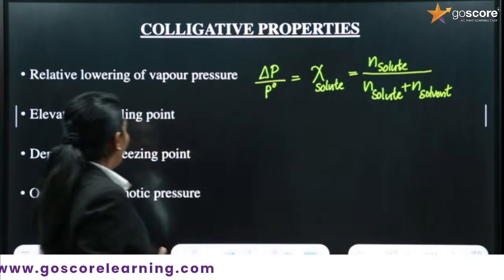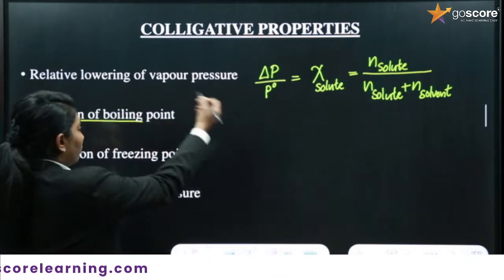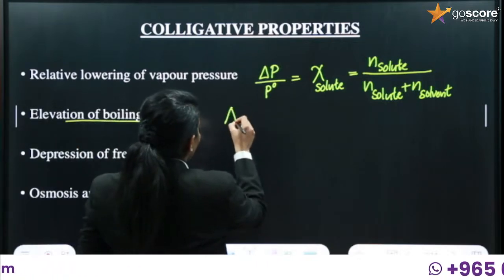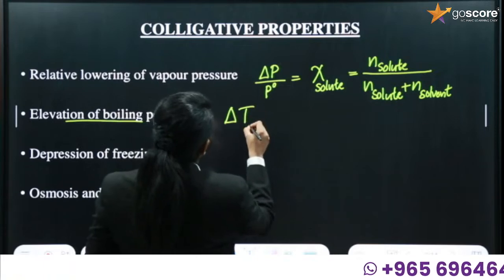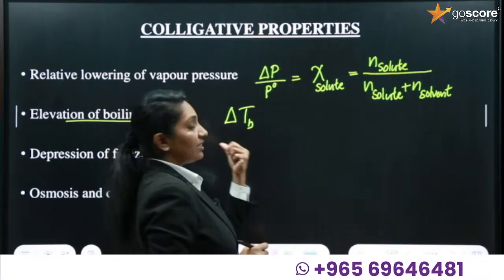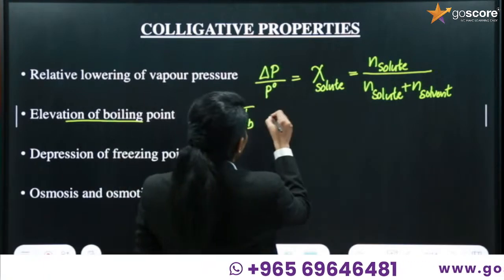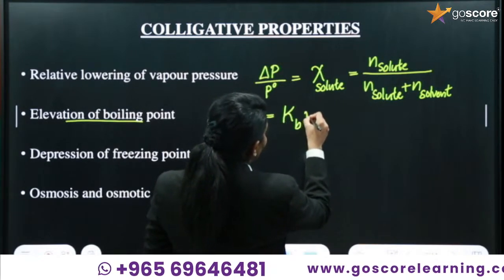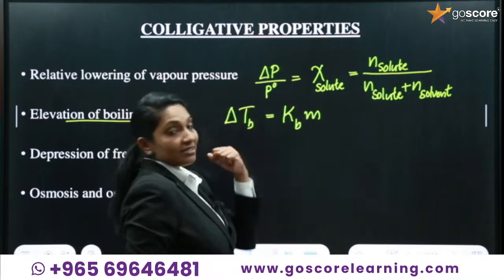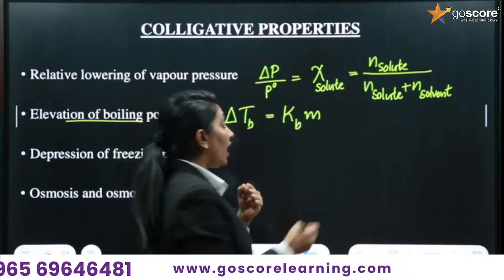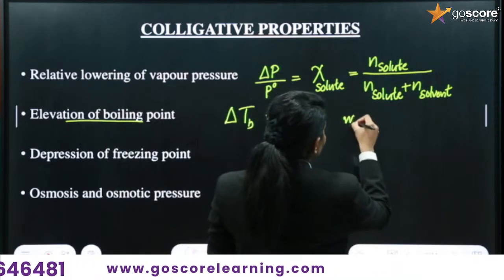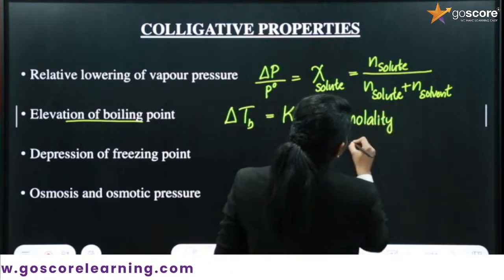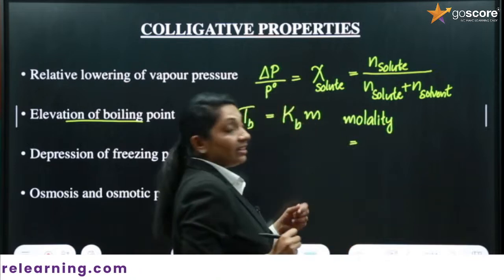Okay. And moving on to the elevation of boiling point, what is the expression we learnt? That is delta TB, the change in the boiling point, is equal to KB into m, where m is nothing but the molality. How will we find out the molality?